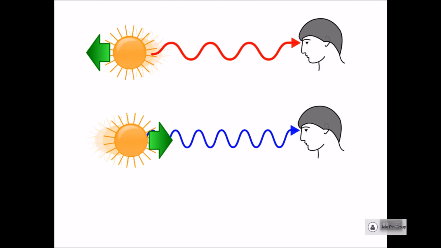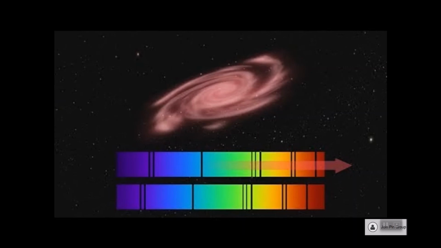You can also get the converse. You can get blue shift, where galaxies or stars are moving towards you, the frequency is increasing and therefore it appears bluer. Now, this is probably not the right term to use, appearing redder and appearing bluer, because what's actually happening is, if we look at the absorption spectra, the bottom one is the original absorption spectrum we're getting from this galaxy, and the top one is one that's been redshifted, and you can see that those black lines are all moving.